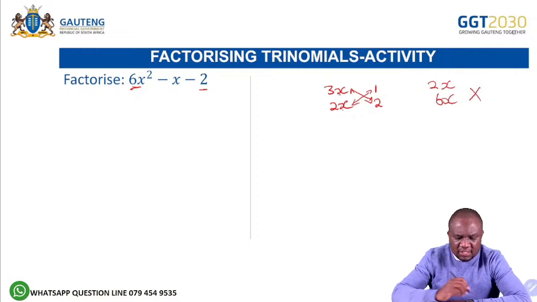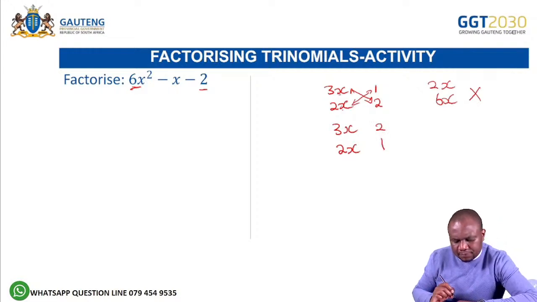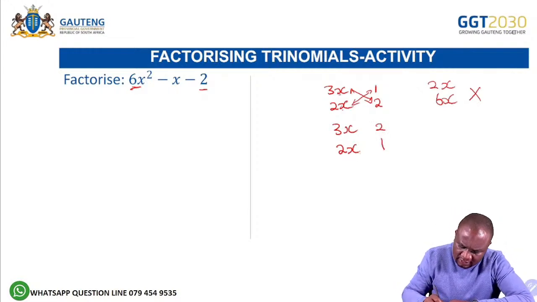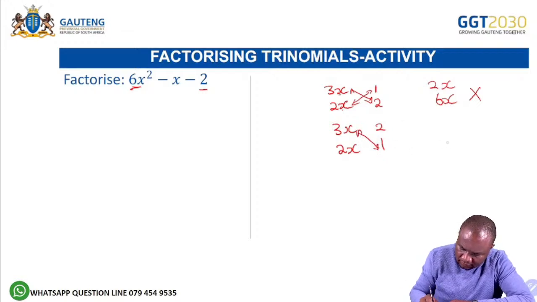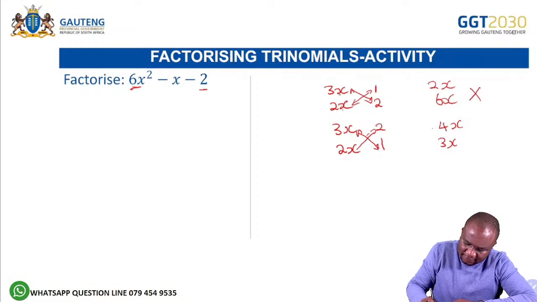Let me try to swap these numbers around. Let me say 3x and then 2x, and then let's say 2 and 1. Right? Let's cross multiply this one. This is 3x, and then this one is 4x. Or we can get a negative 1 here, but we can only get a negative 1 if this is negative.